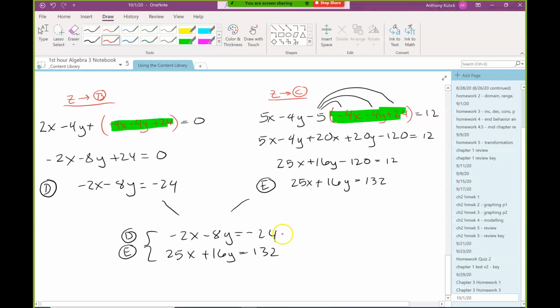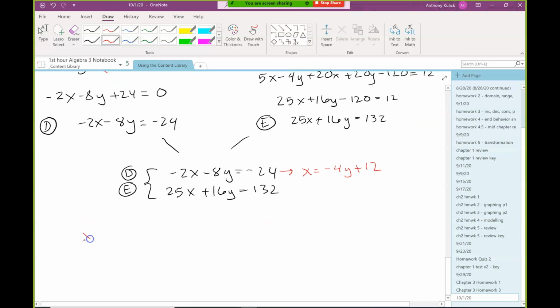So we will add 8y to both sides and then divide by a negative 2. And then we'll take that equation for x and plug it into equation E.